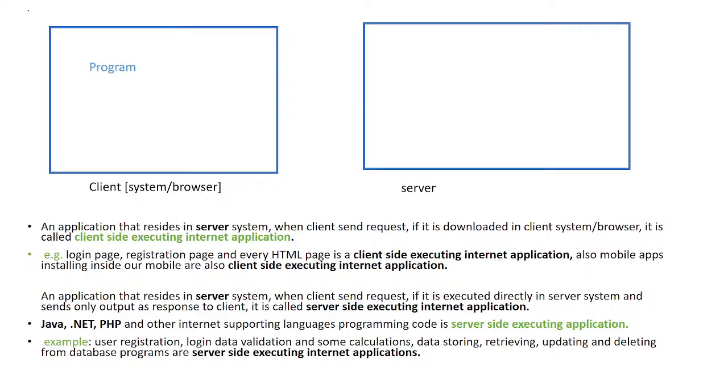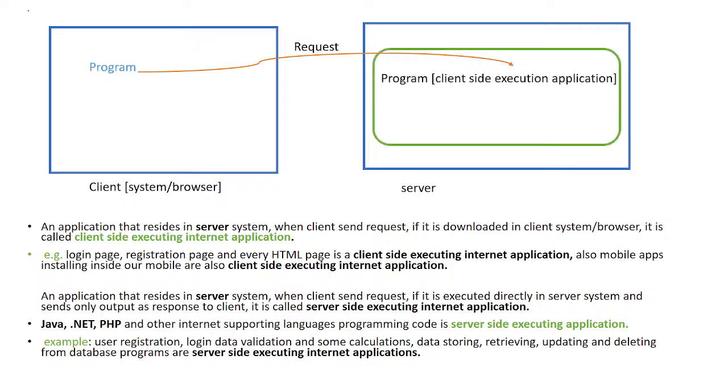That application resides inside the server system, and when the client sends the request to the server, then it will download in the client system or the browser. It will download in the client only. First box, nothing but client side executing internet application. First statement I am explaining. Example, login pages, all these things, I already explained this one.